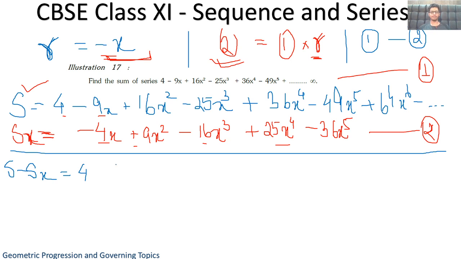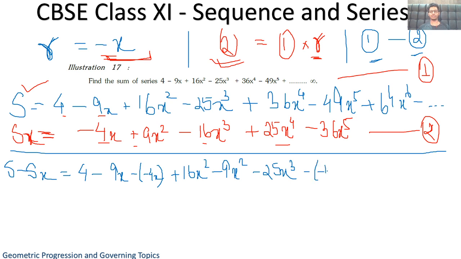Alright, so now we'll subtract the second from the first. So 4 would get reduced, and then we have minus 9x minus of minus 4x. Then we have 16x square minus 9x square. Then we have minus 25x cube minus of minus 16x cube.